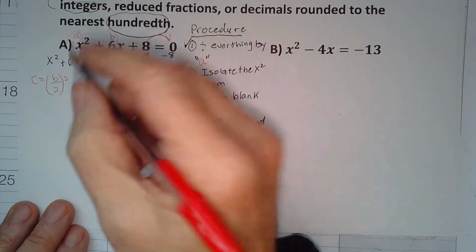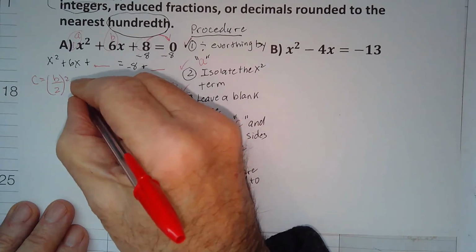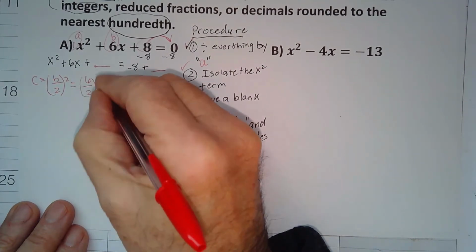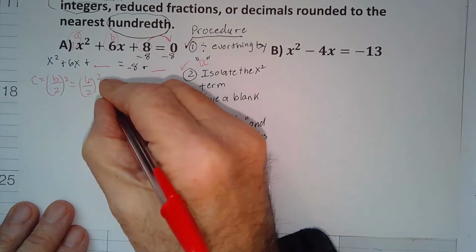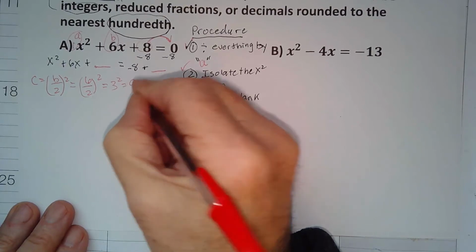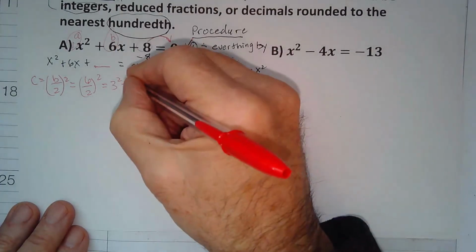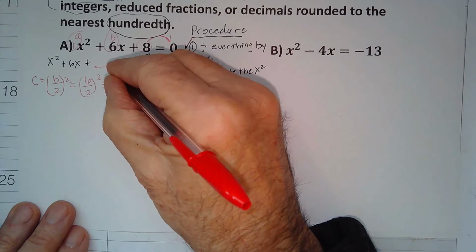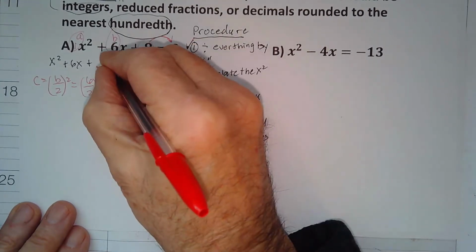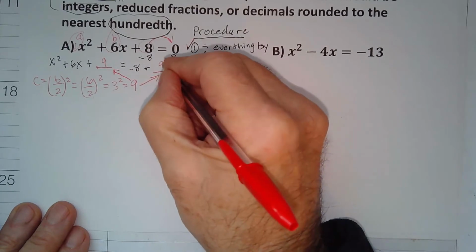So the b is 6, so we're going to state that equals 6 over 2 squared, right? 6 divided by 2 is 3, so we have 3 squared, which equals 9. So that's what c is. So I'm going to put that into these two spaces. Put a 9 here. I'm going to put a 9 here.